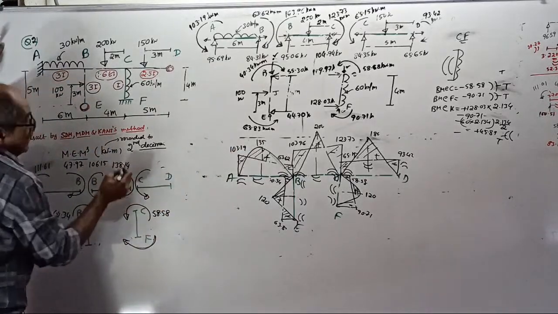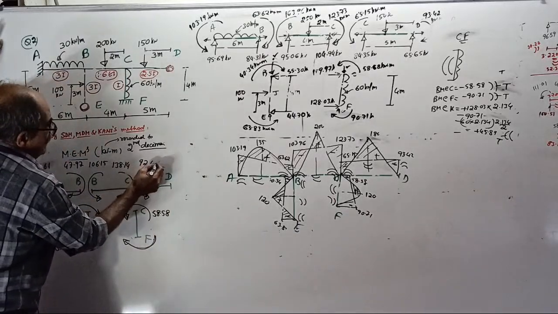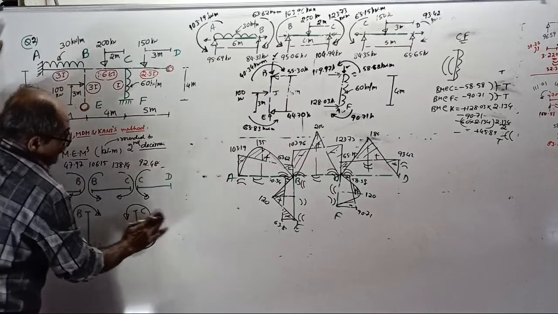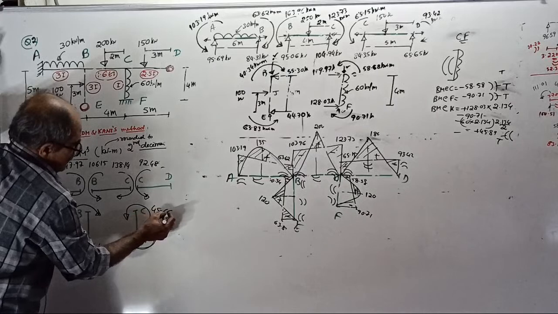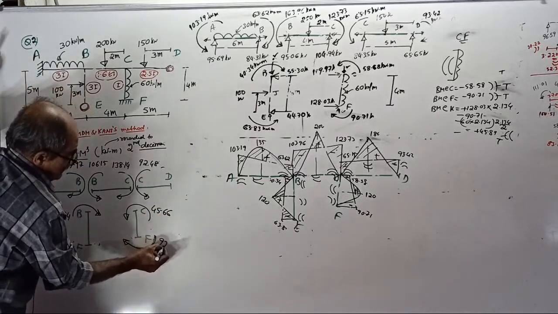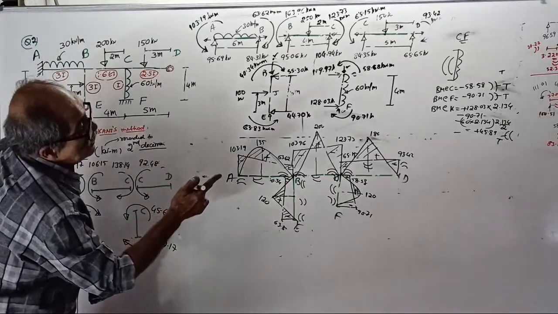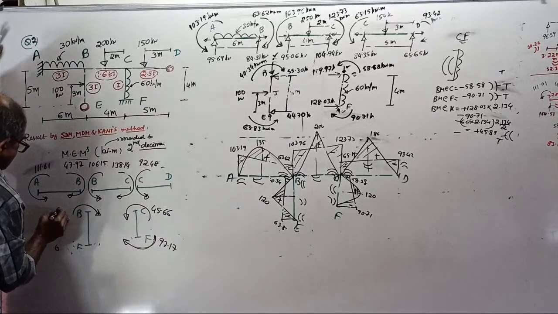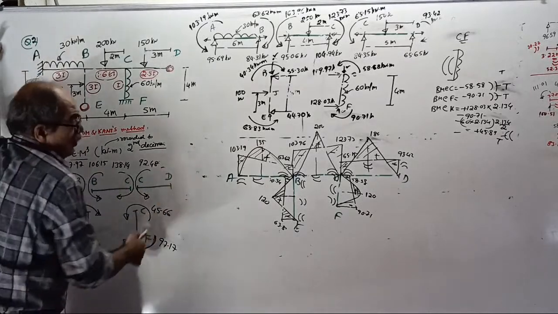That is the second question. Anticlockwise of 92.48. MDC equal to 0. This is anticlockwise of 45.66. This is clockwise of 97.17. This is clockwise of 58.17. Remember, this is 0, this is 0.